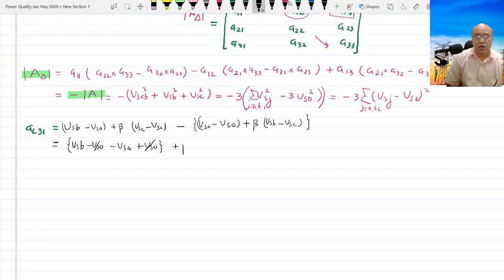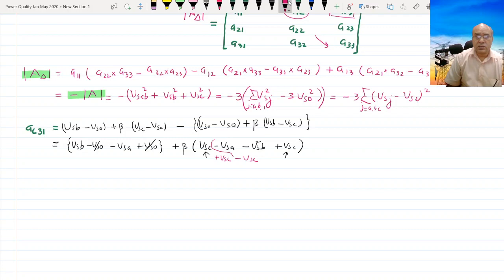And then I take beta common here. This becomes Bsc minus Bsa, and minus minus minus Bsb will come here, and minus minus becomes plus Bsc. Correct? Now this becomes 2Bsc. So this and this term make 2Bsc, and we have a minus Bsa minus Bsb.